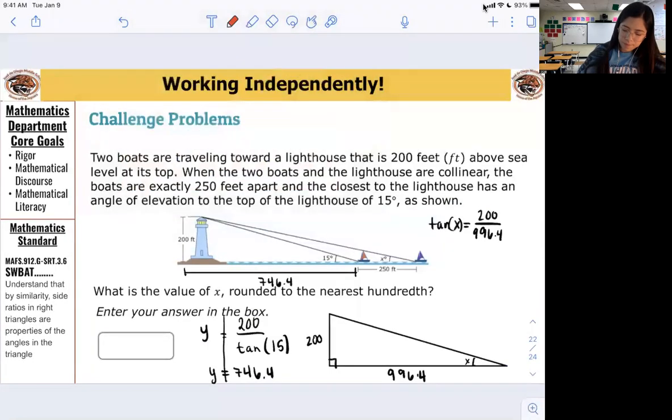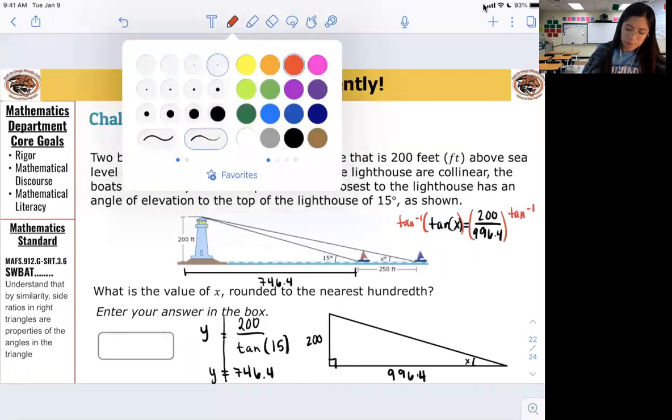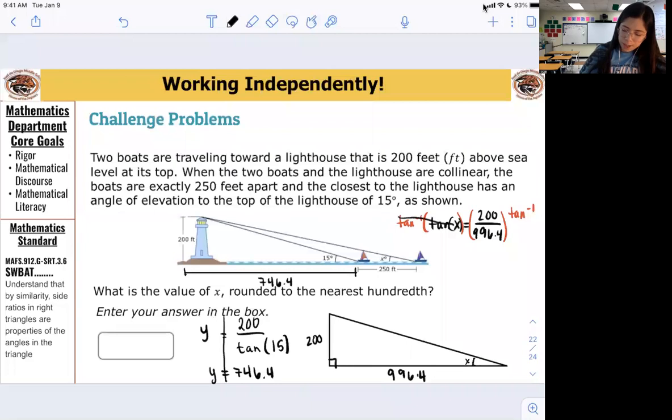Good. So in your calculator, the inverse tangent of 200 divided by 996.4, you should get about 11.35. To the nearest hundredth, perfect.